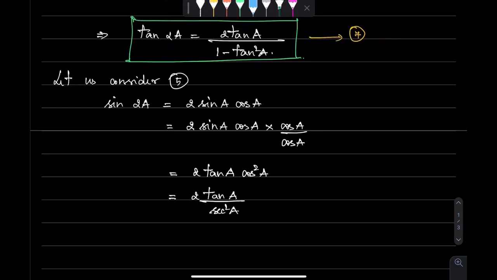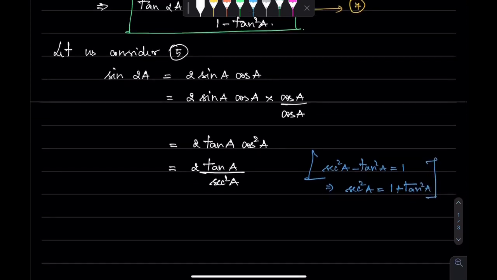We all know that sec² a minus tan² a is equal to 1, from which I can say sec² a in terms of tan will be 1 + tan² a. Therefore sin 2a in terms of tan can be written as 2 tan a divided by 1 + tan² a, children.